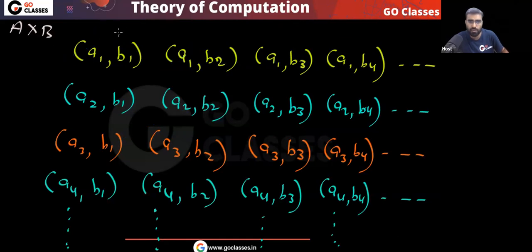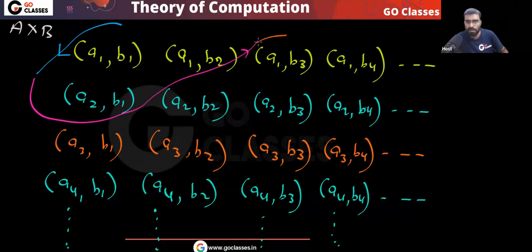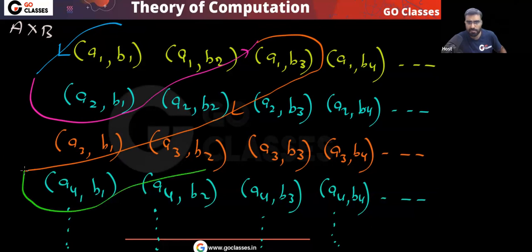Okay, see what you can do. First you do this, just go like this, snake structure. First you write A1, B1. Then you write these two. Then you will write these.